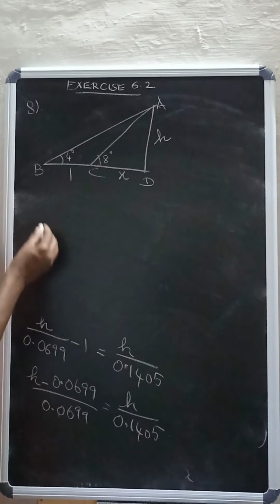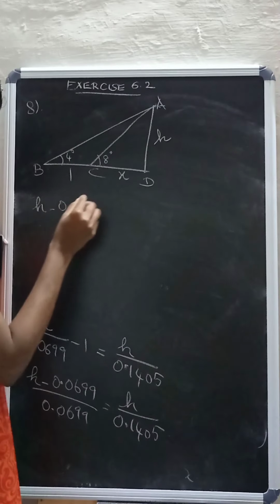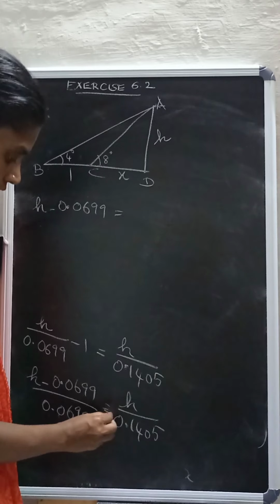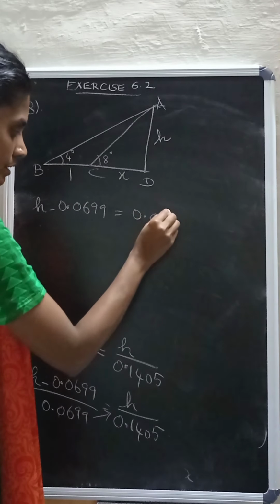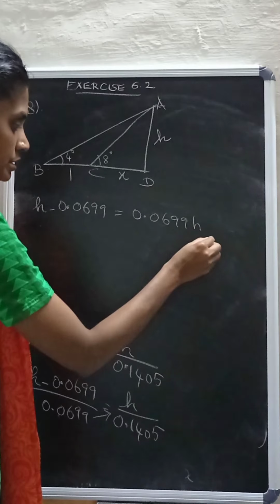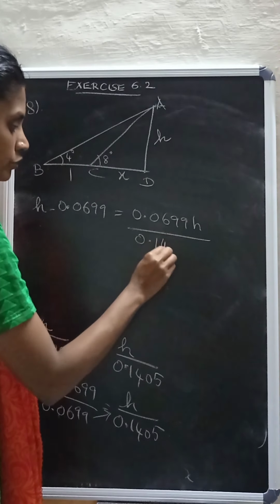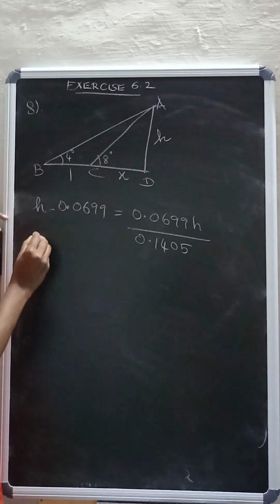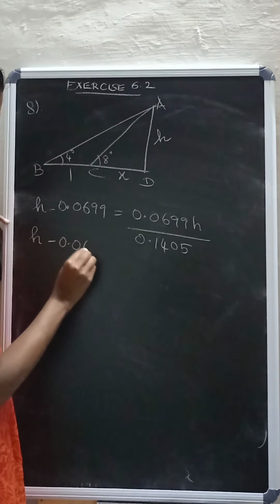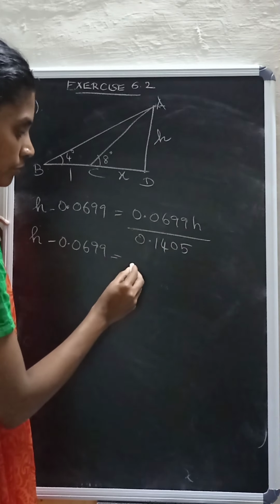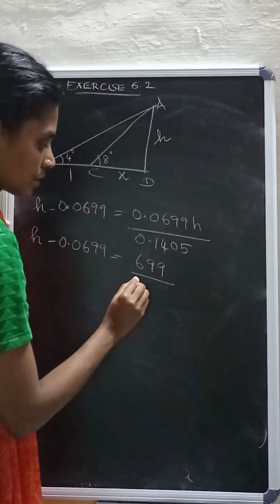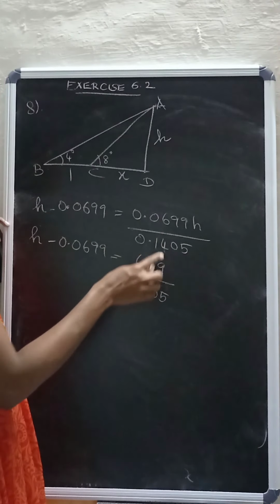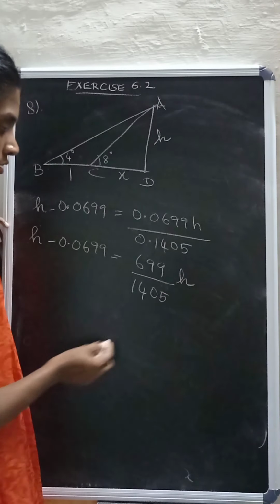I am now doing the calculations. H minus 0.0699 is equal to, cross multiplying, h by 0.140. Now we will remove the point 0699 by 140. Here also after 4 digits you have the point, here 4 points. So we are cancelling it.